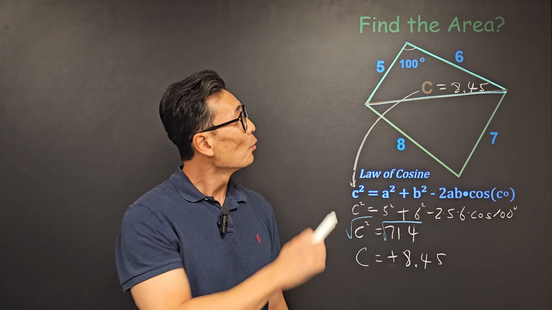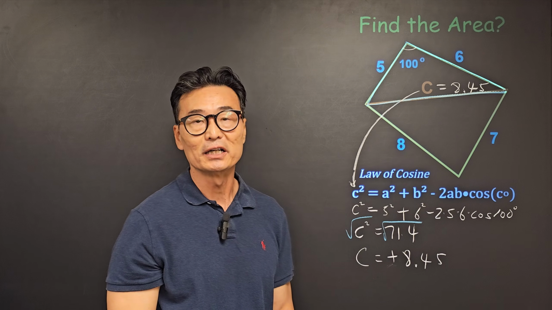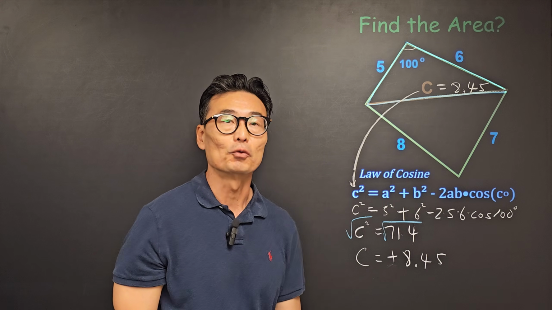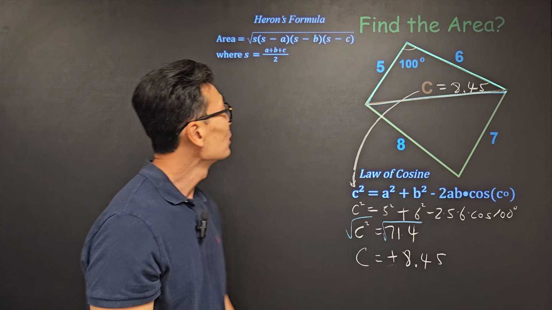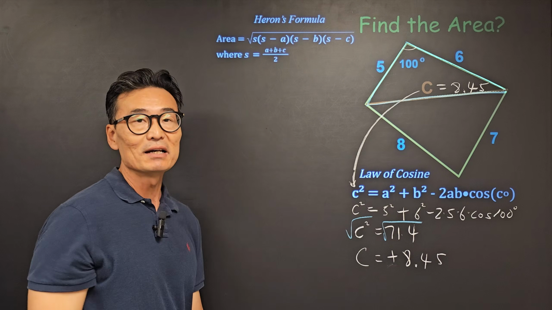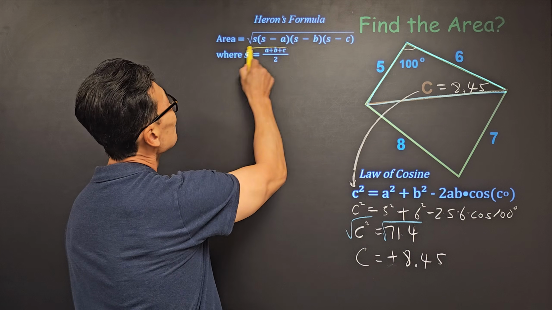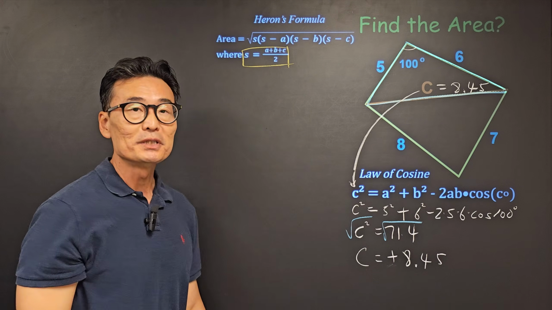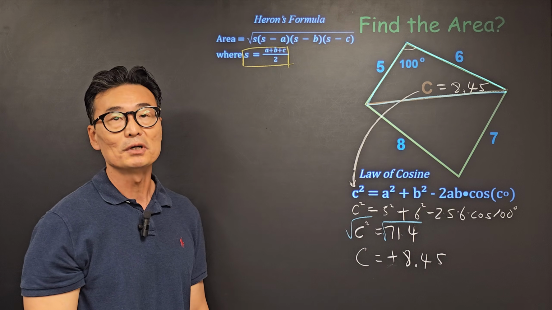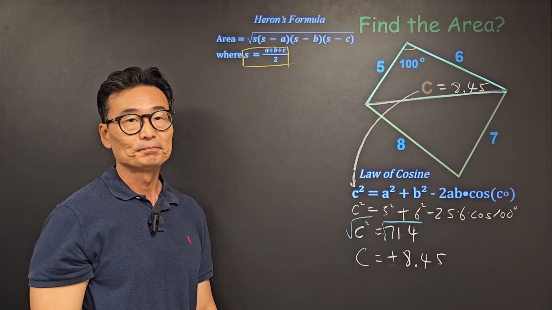Now, we have 3 sides of the triangle. To find the area of the triangle, we're going to be using Heron's formula, where the formula says the area of a triangle is the square root of S, where S, this is the important part, is A plus B plus C, the 3 sides of a triangle added up, or the sum of the 3 sides divided by 2.